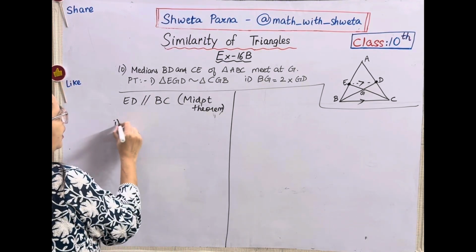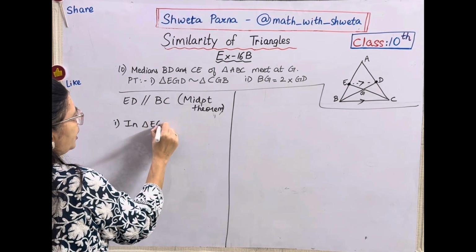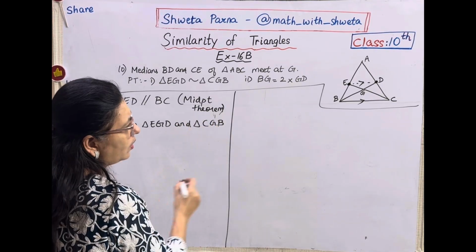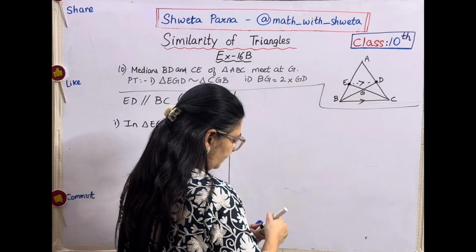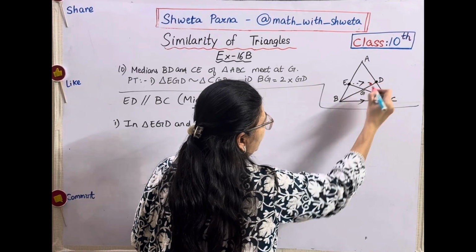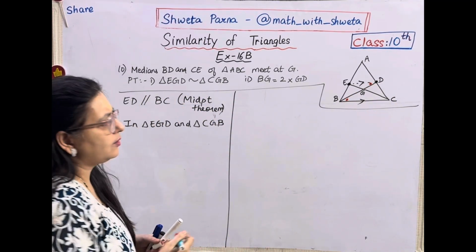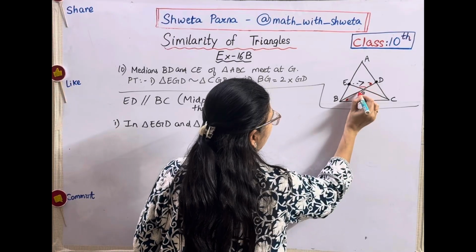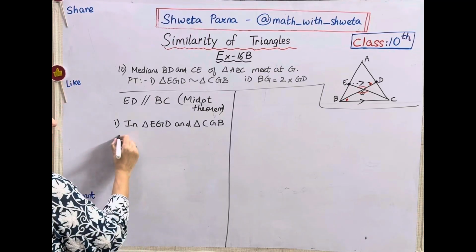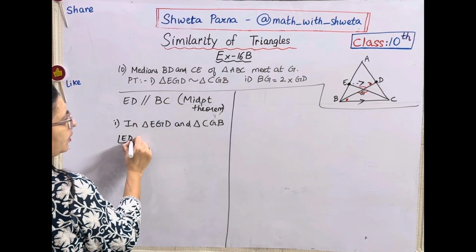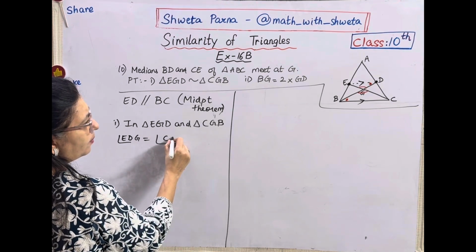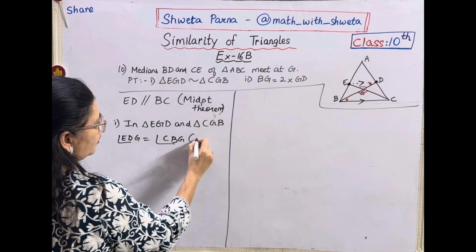Now what you have to prove? In triangle EGD and triangle CGB. Now this angle is equal to this angle, alternate angles, correct? And this angle is equal to this angle, vertically opposite angles. Come on, let's write it. Angle EDG is equal to angle CBG, alternate angles.